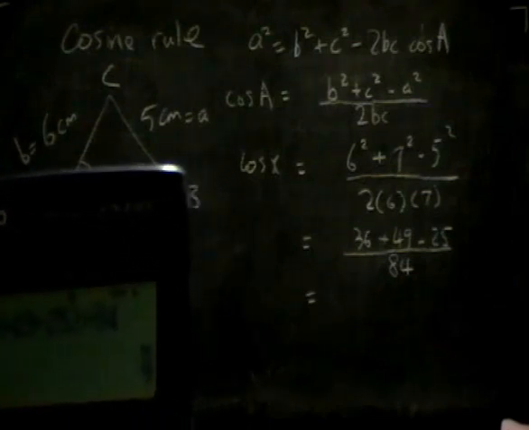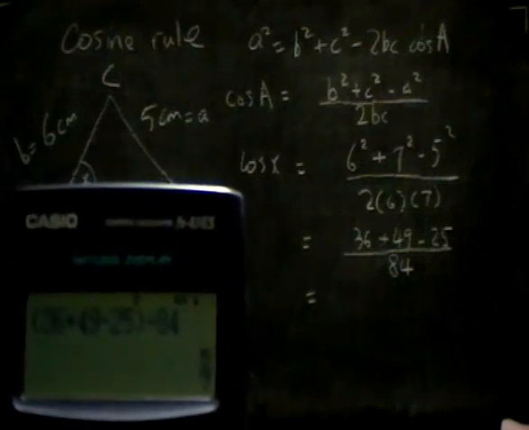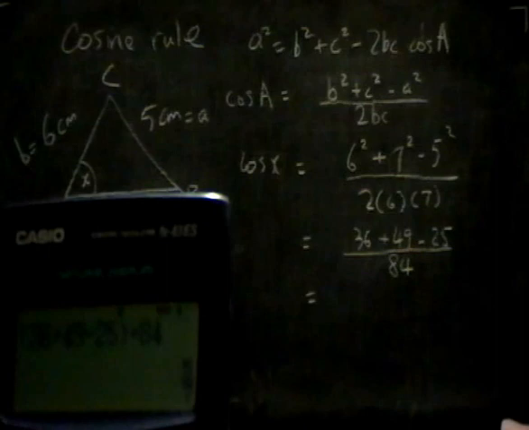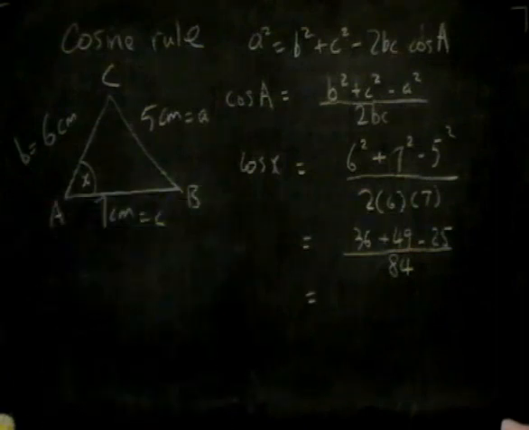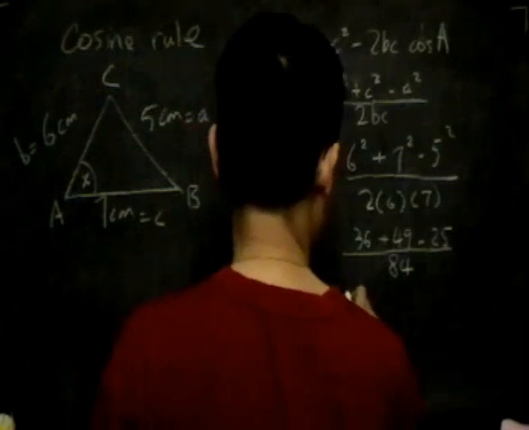Five over 7. Okay, if I press that, I'll get it in decimal, but that's not really necessary. Let me write this down as 5 over 7.